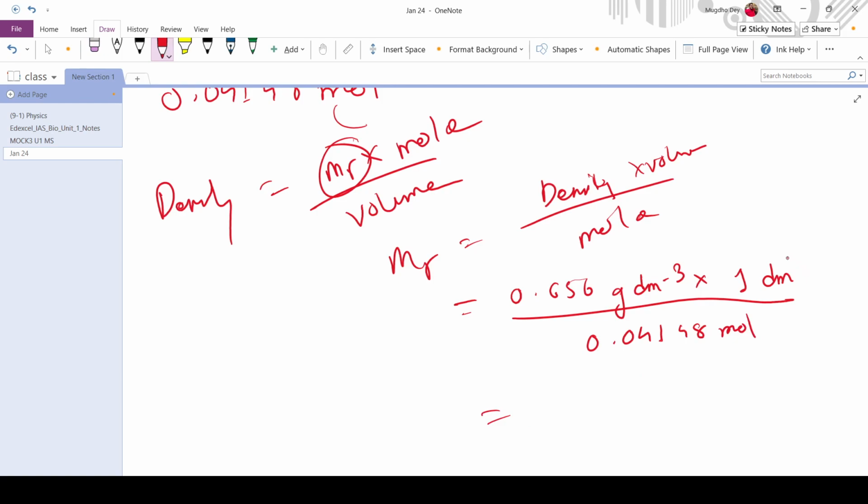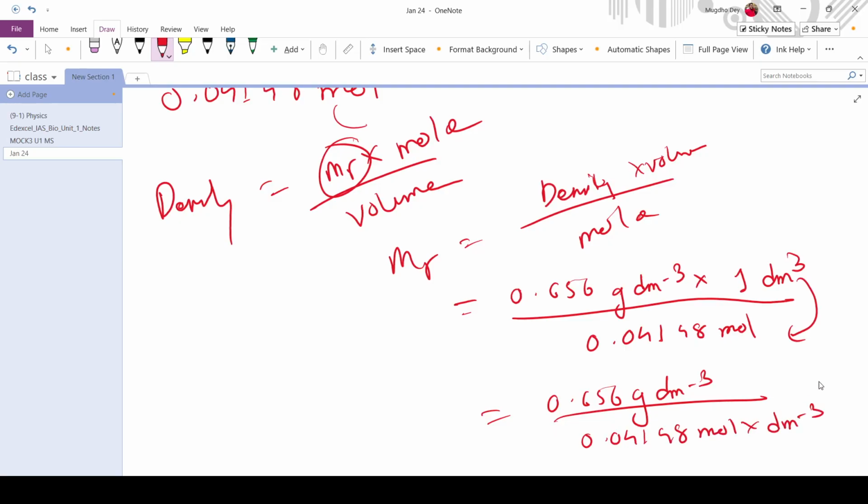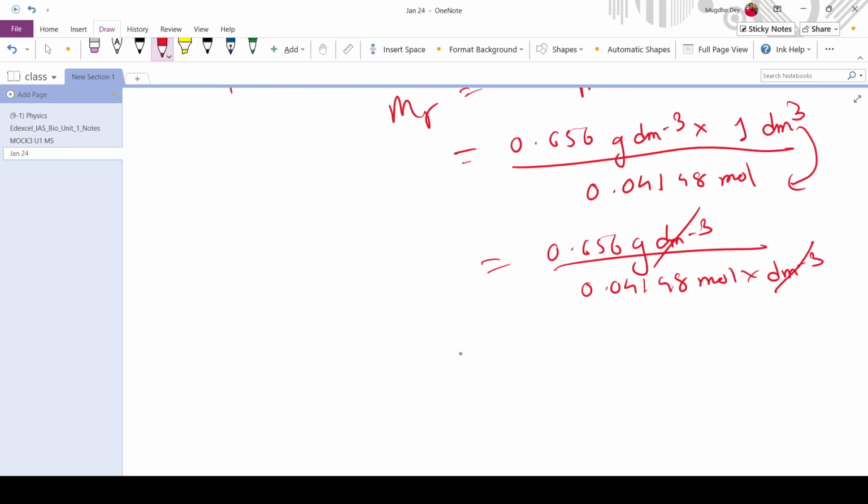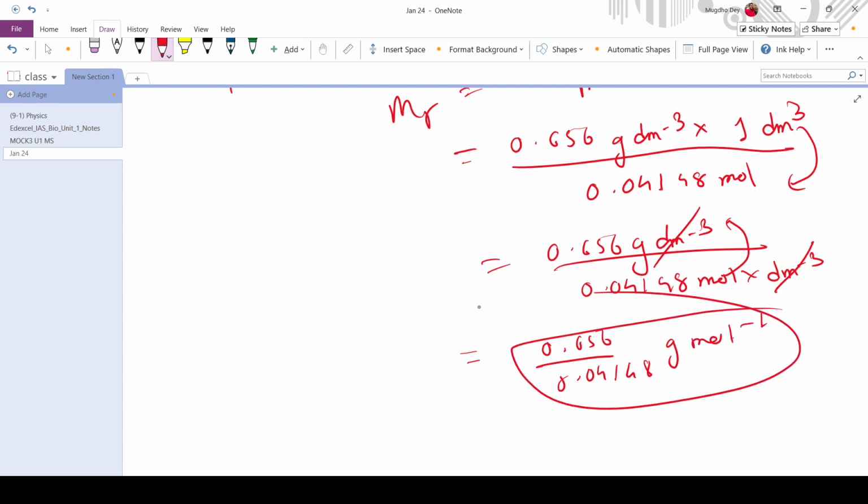If you just cut this out, and take this mole above, eventually you get gram per mole, which is the molar mass unit. I don't know the value if you divide it, but that's the unit.